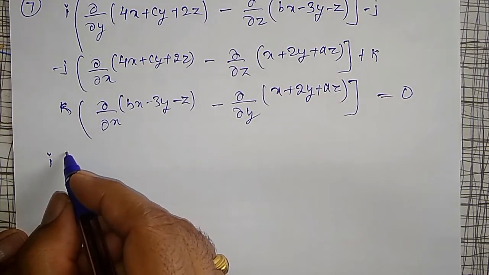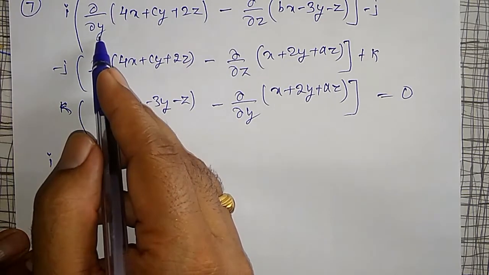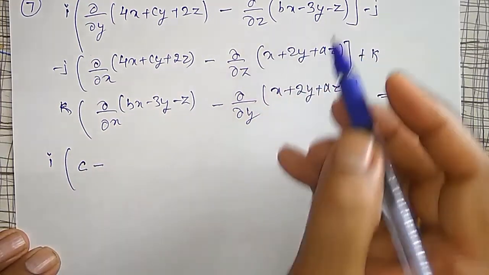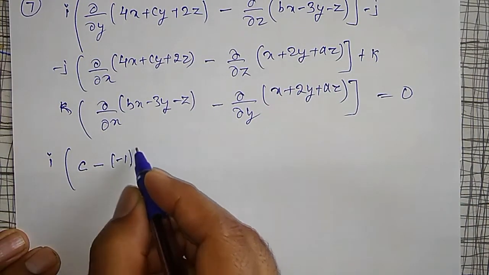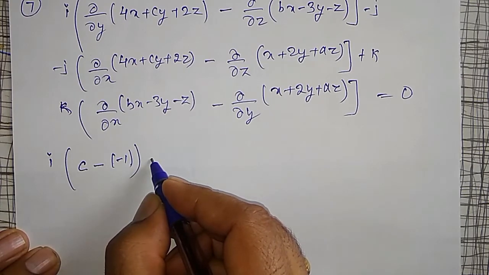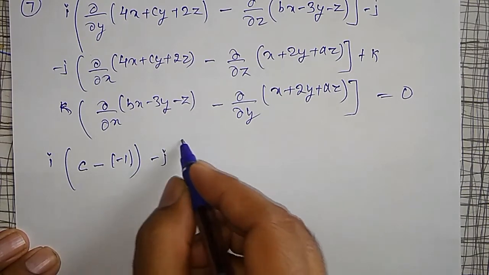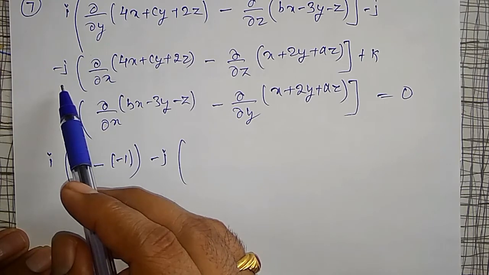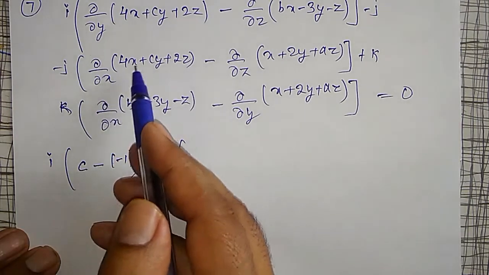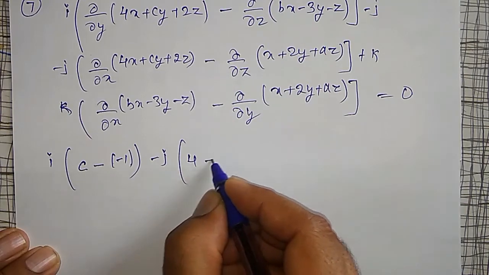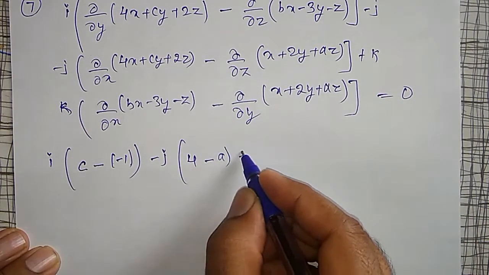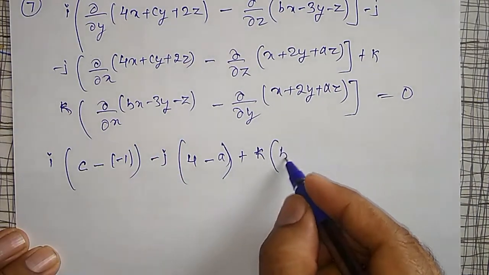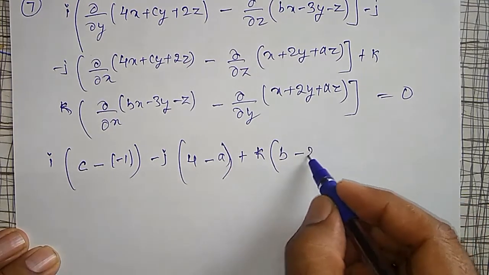i into (partial derivative with respect to y gives c, minus partial derivative with respect to z gives minus 1), minus j into (partial with respect to x gives 4, minus partial with respect to z gives a), plus k into (partial derivative with respect to x is b, minus partial derivative with respect to y is 2).